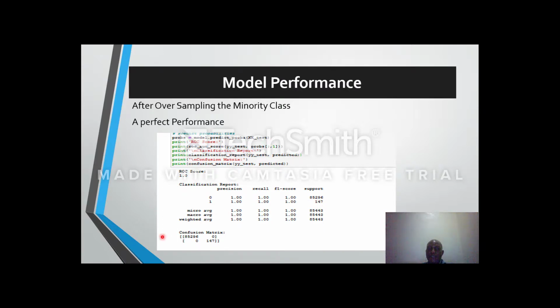And the confusion matrix is telling us that we got everything right. We got our true positive right, and we got our true negative right. So we got our stuff very close to perfection.